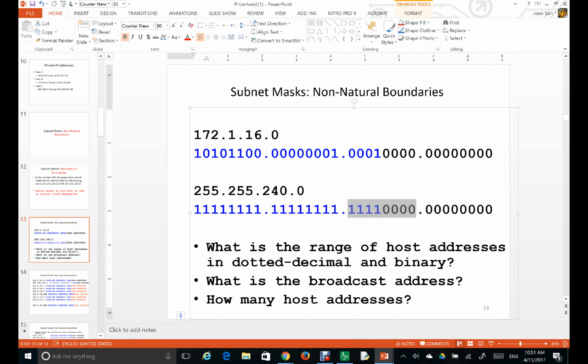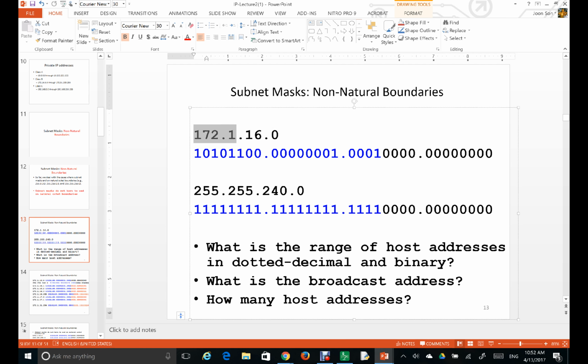And for the IP address, you know the first 2 octets are part of the network address, obviously from the subnet mask. So this one you don't really have to convert into binary form. But since the 240 is not 255 and this is the third octet, the 16 is better converted into binary form.